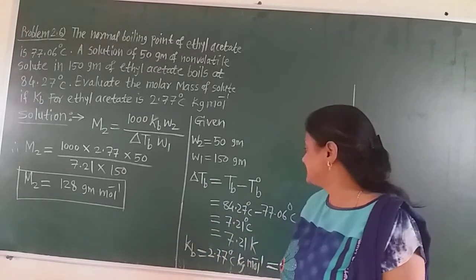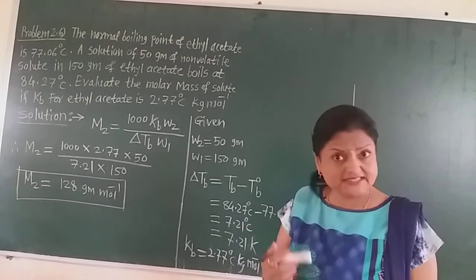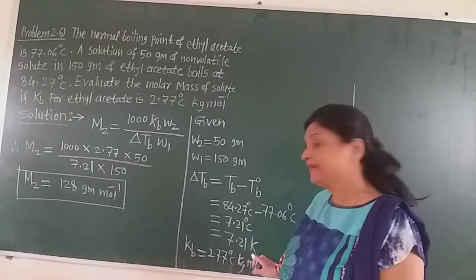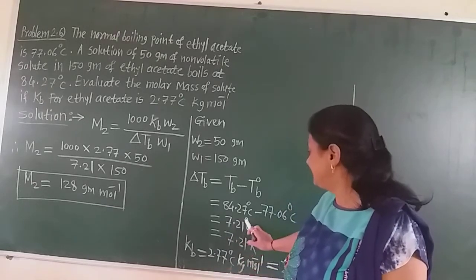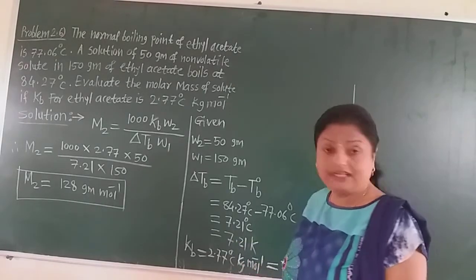So 7.21 degree centigrade is equal to 7.21 Kelvin.